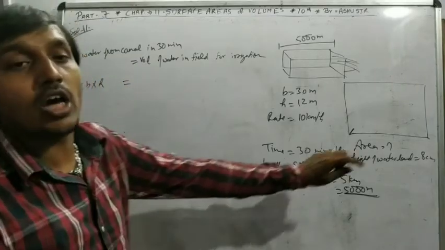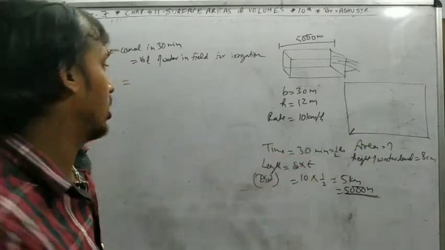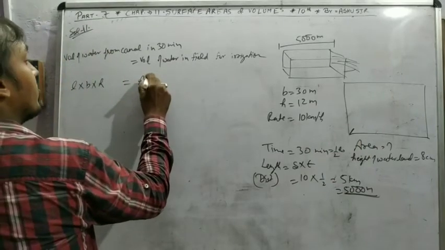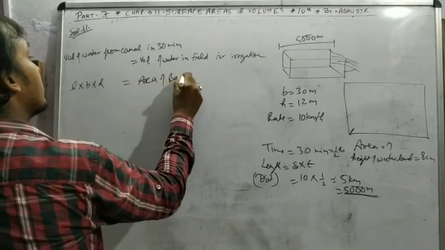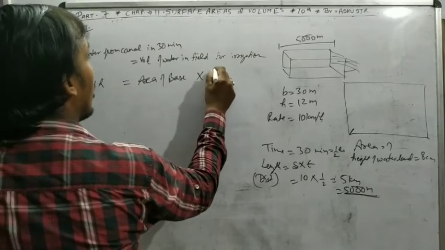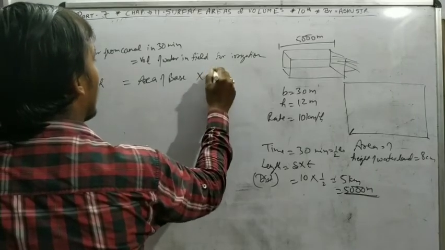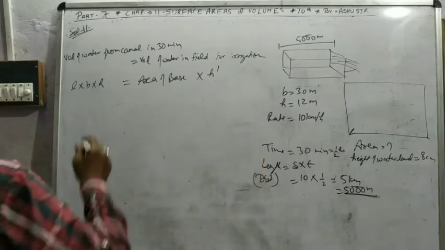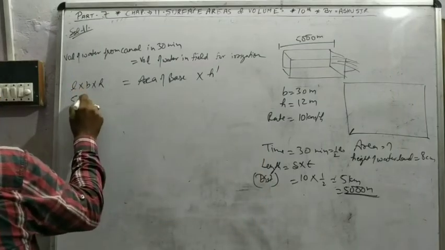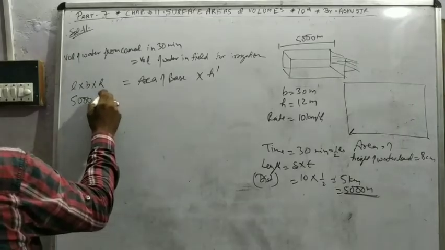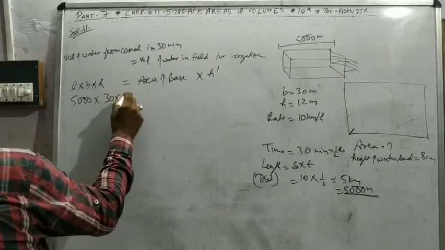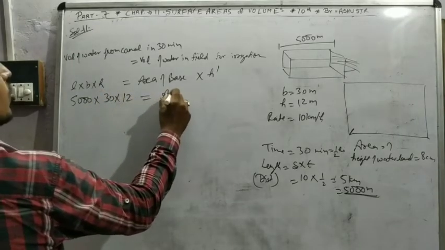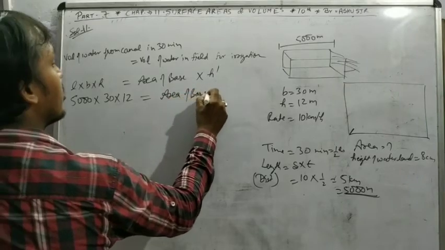This is also a cuboid, but we want the area. So the basic standard is area of base into height. Height is the water level in this field. Length 5,000 meter, breadth 30 meter, height 12 meter. We want to find the area of base.